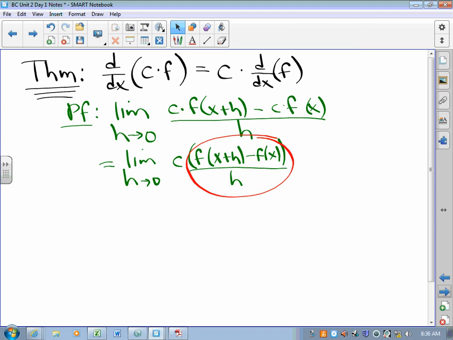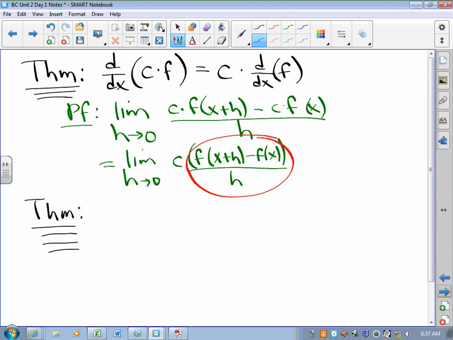So far we know that the derivative of a number is 0, the derivative of a sum is the sum of the derivatives, and the derivative of a constant times a function is the constant times the derivative of the function. So really, all we need to get polynomials is to be able to show that the derivative of x to the n is n x to the n minus 1.